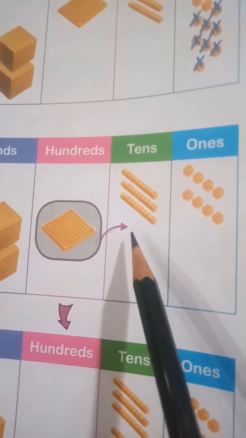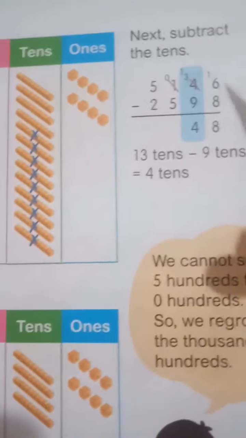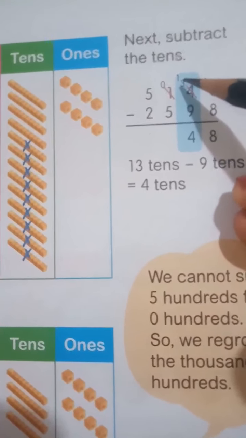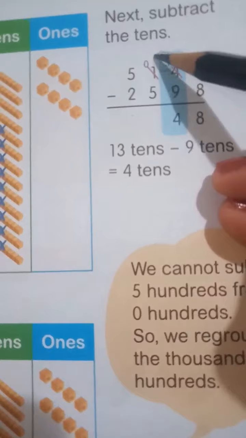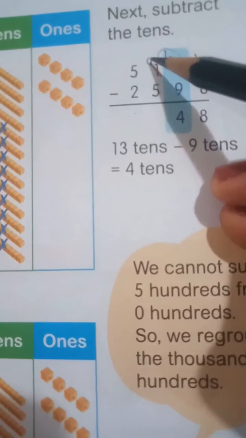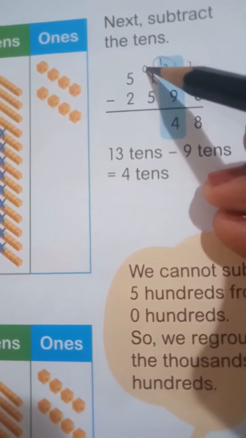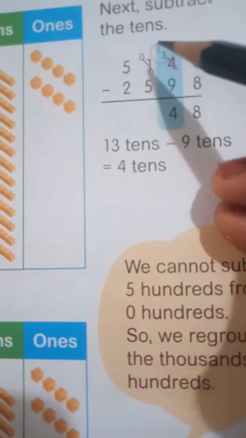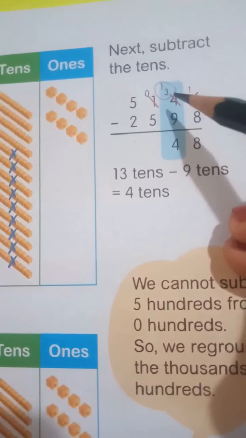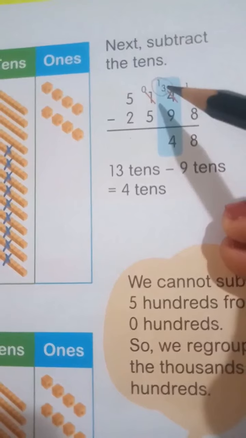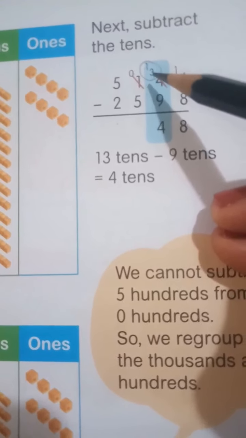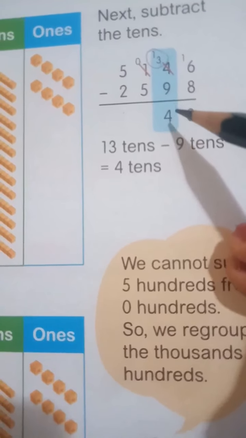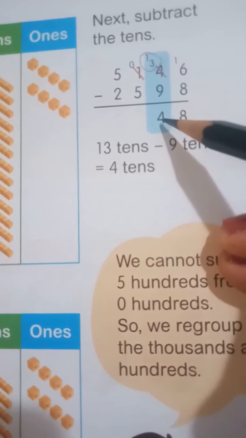So as the result, it becomes 13 tens here and 100 left here. In these numbers, we can subtract the tens. 13 minus 9 equals 4.